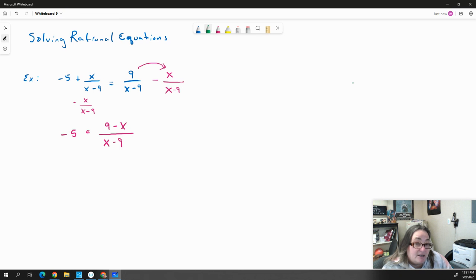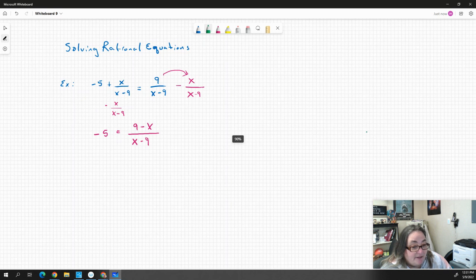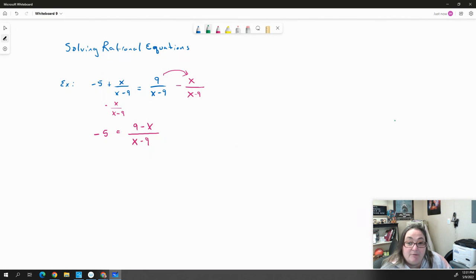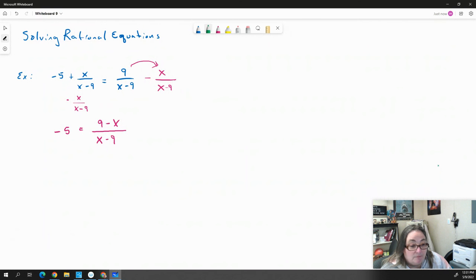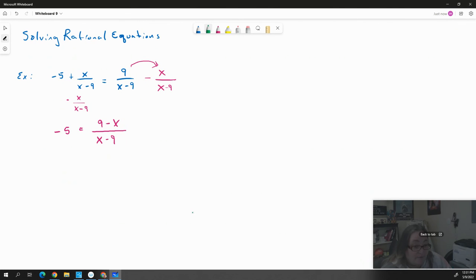Does anyone remember how to clear the denominator of a fraction? Nobody remembers how to clear the denominator of a fraction? You're allowed to say no.